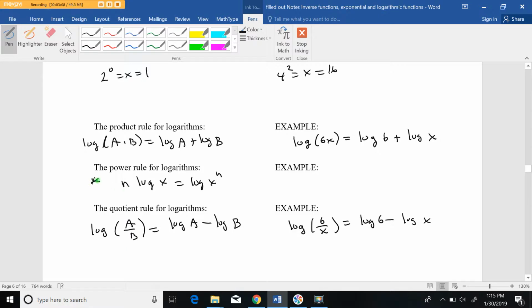This is a very important property of logarithms that we'll be using quite a bit here to solve equations. Example of this, if we had log of x to the 5th power, that's equal to 5 times log of x. All right, so these are, again, very important properties for logarithms. This is the one we'll be using probably the most for solving exponential equations.